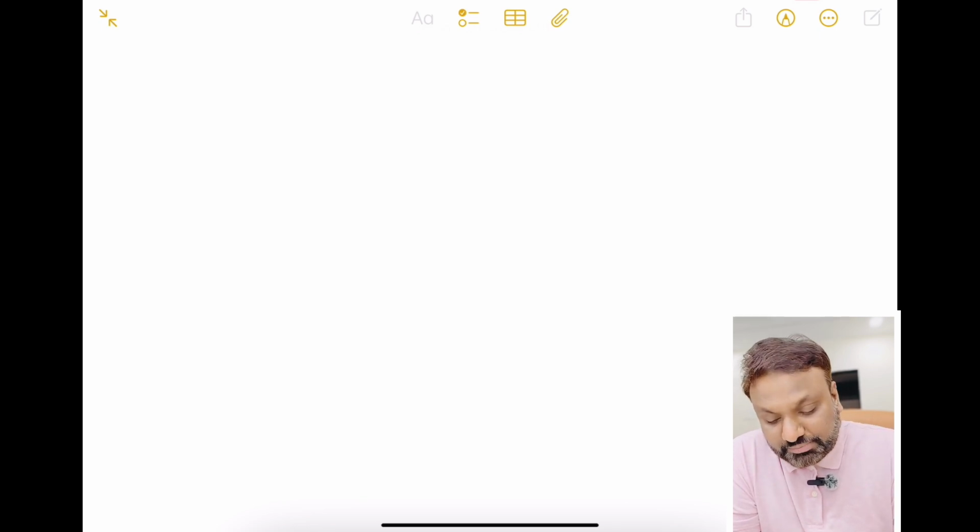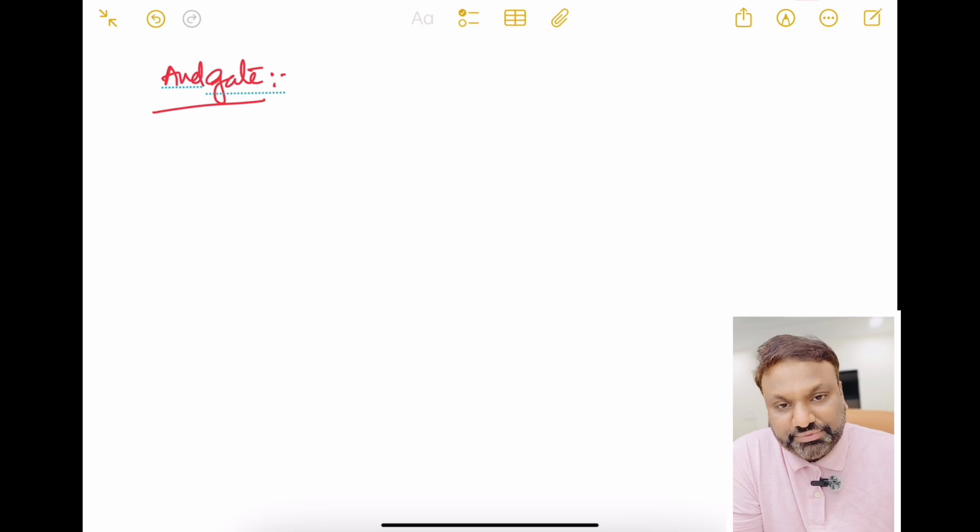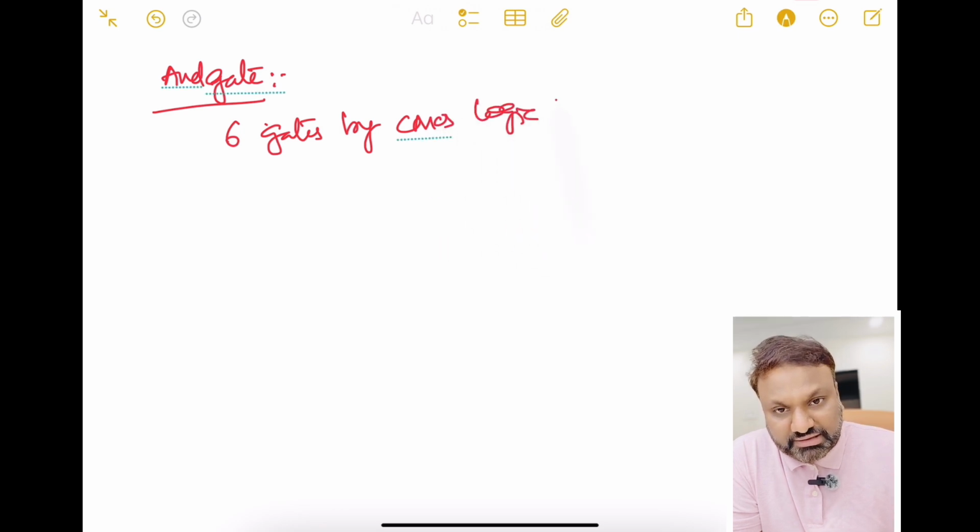Suppose I talk about the AND gate. If I take the same thing using the CMOS logic family, it requires 6 transistors. How does the structure look?